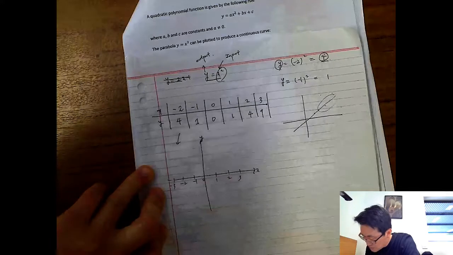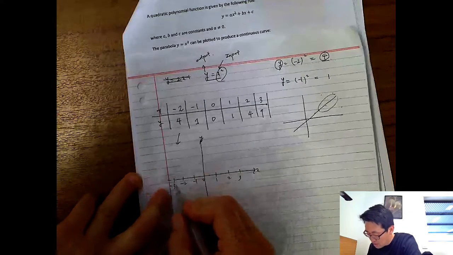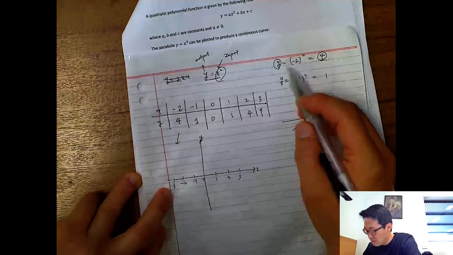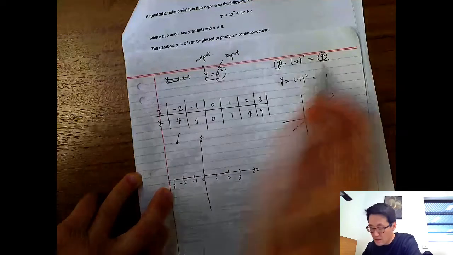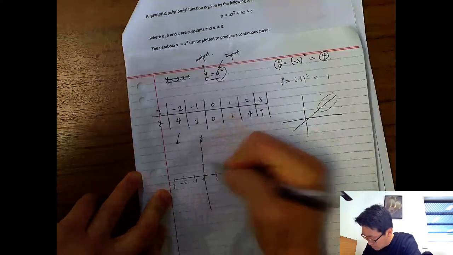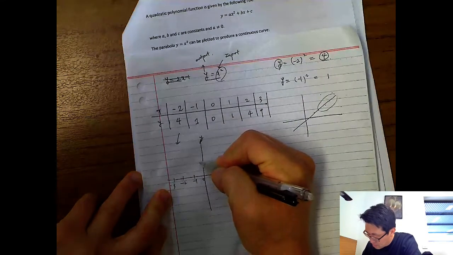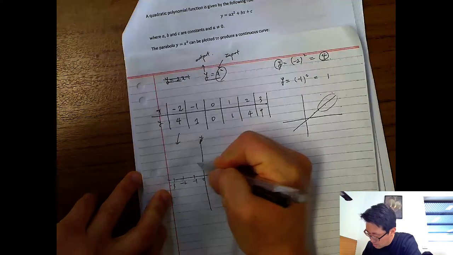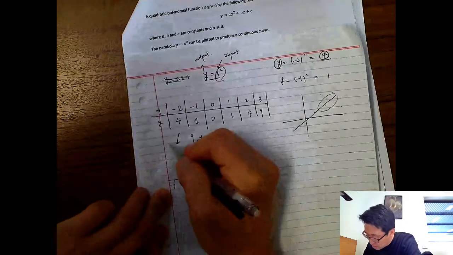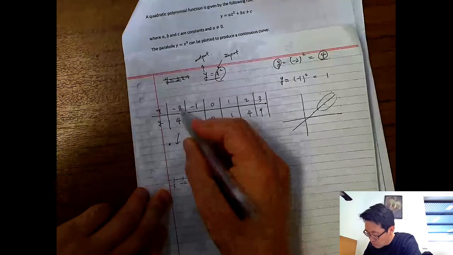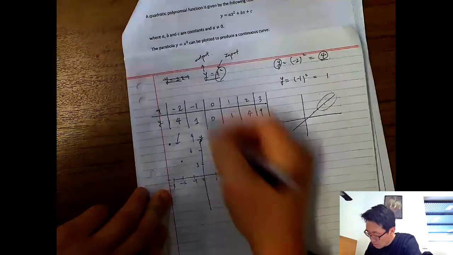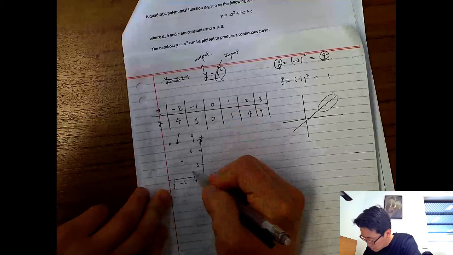I haven't done minus 3, but I know negative times negative is positive, 3 times 3 is 9. So at minus 3, I have 9. At minus 2, I have 4, somewhere here. At minus 1, I have 1.